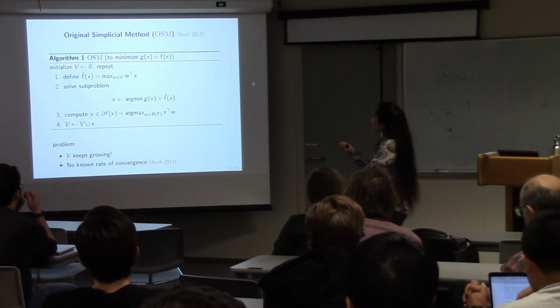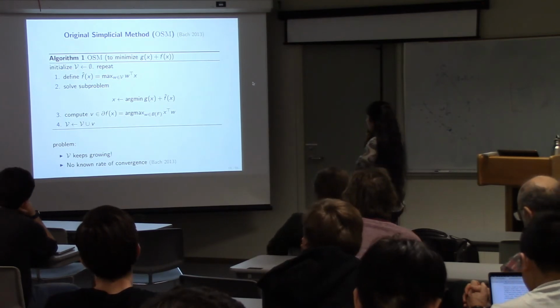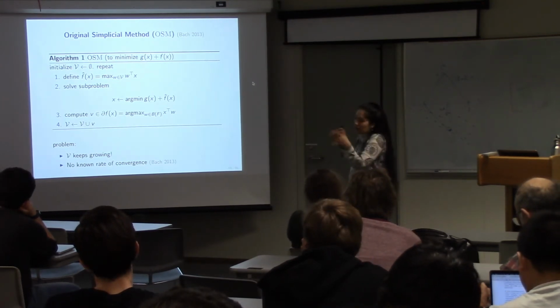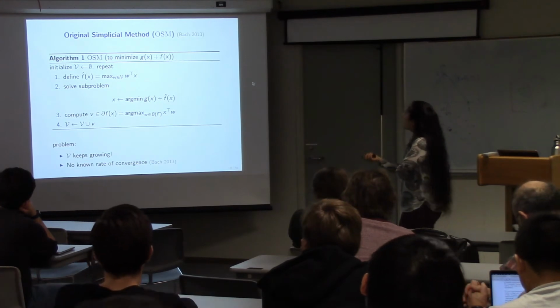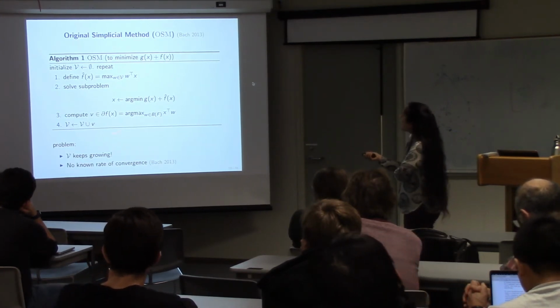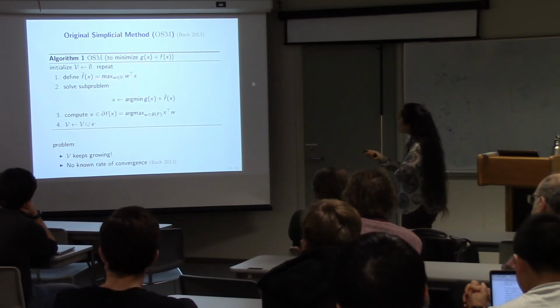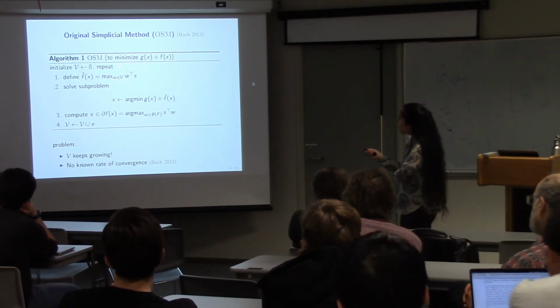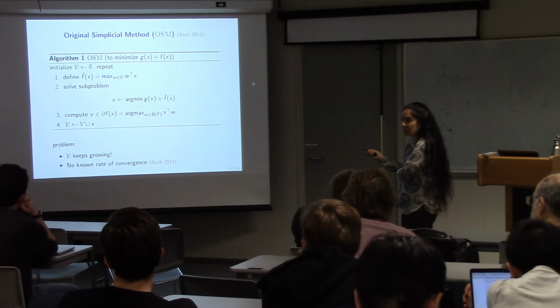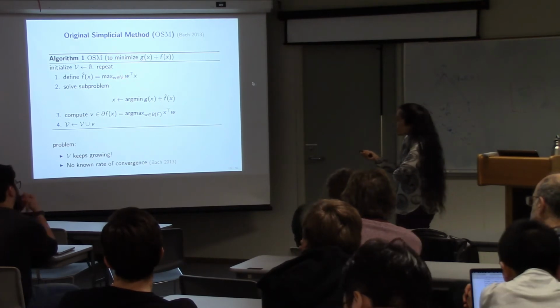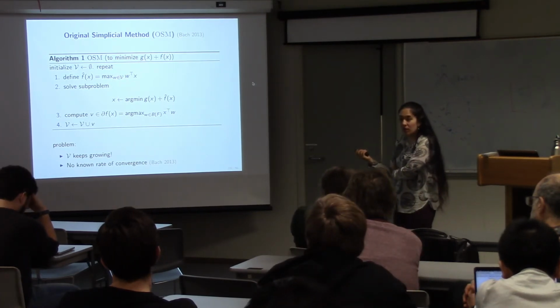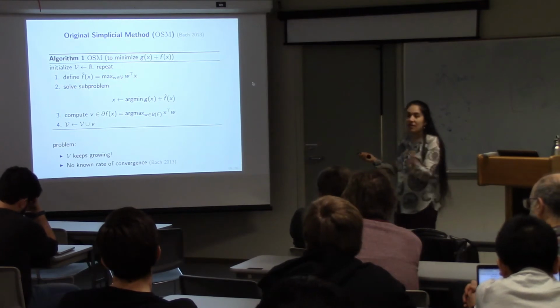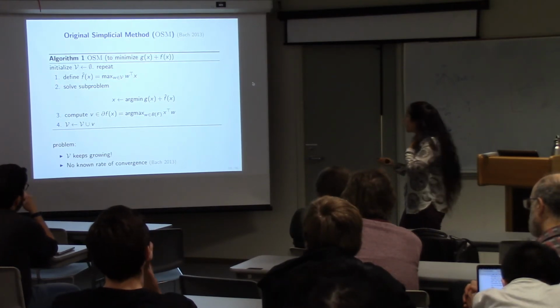He initialized an empty set of vertices, or you can initialize with any set of vertices you want. At every iteration, you define an approximate function f hat to be the max over w in that set of vertices of w transpose x. If the set of vertices were actually equal to the entire base polytope, then this would be f of x. Otherwise, it's an under approximation to it.